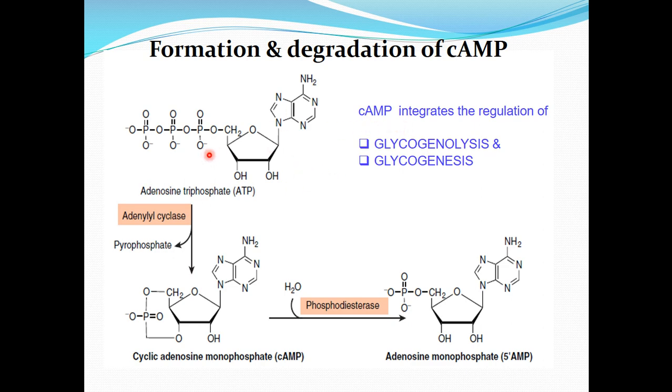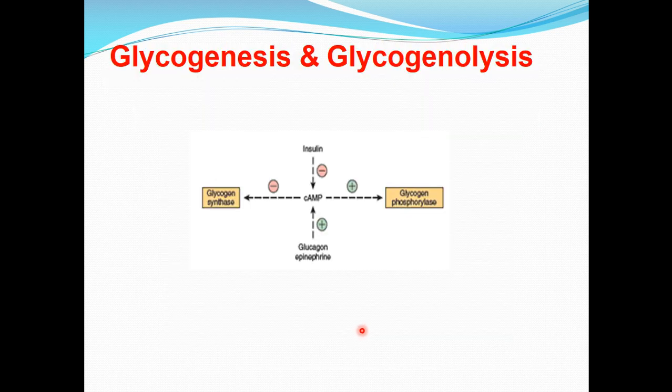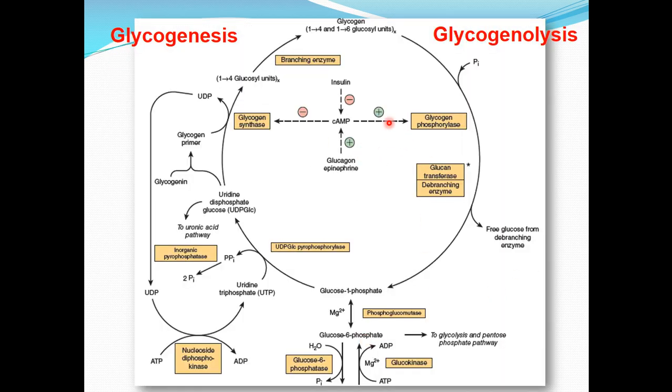This cyclic AMP is formed by the activation of adenylyl cyclase, and ATP converts into cyclic AMP, and this cyclic AMP is hydrolyzed to 5' AMP by phosphodiesterase. It is formed by the activation of adenylyl cyclase and degraded by phosphodiesterase. This is the role of cyclic AMP.